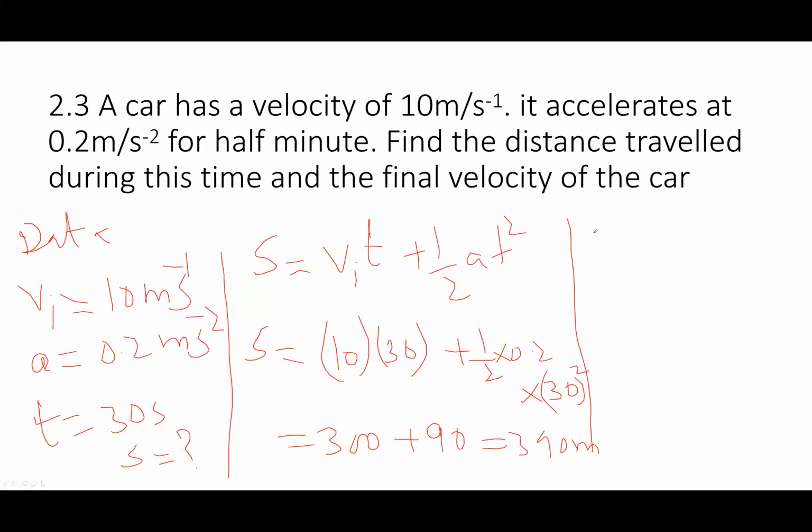First we check the first equation of motion: v is equal to vi plus at. So vi is 10 meter per second plus acceleration 0.2 multiplied by 30. So we will get 16 meter per second.